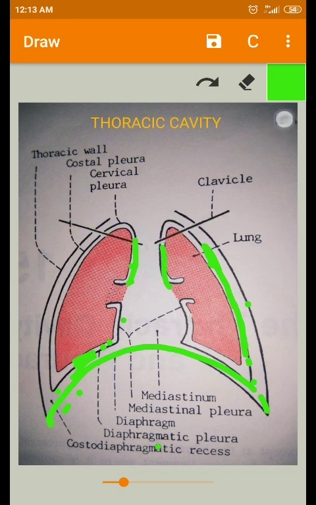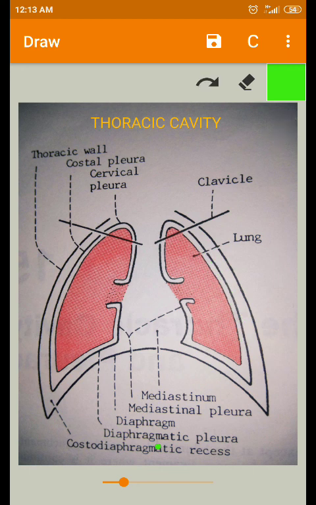These are the reflections of the pleura in the coronal section. Okay, so again we will see the types of parietal pleura. This parietal pleura is subdivided into 4 parts.